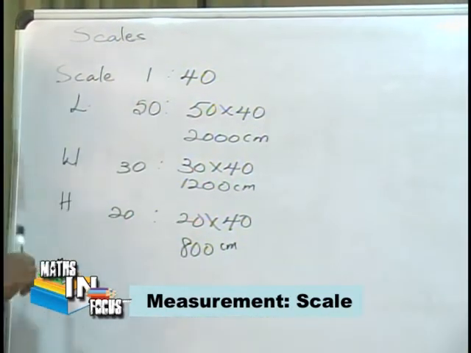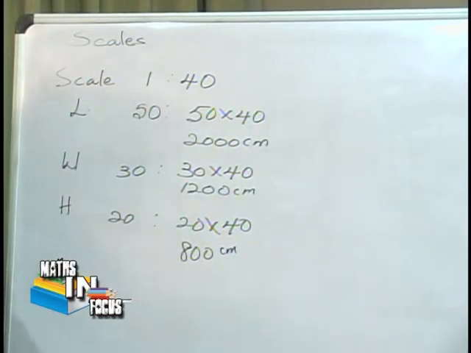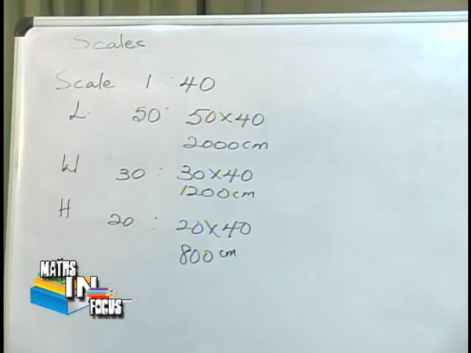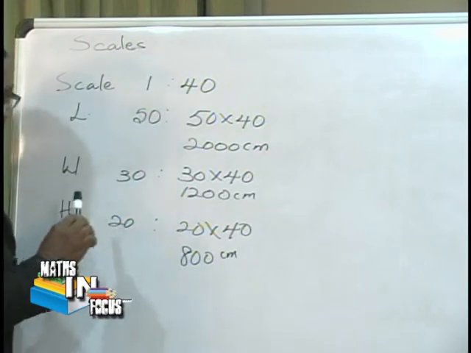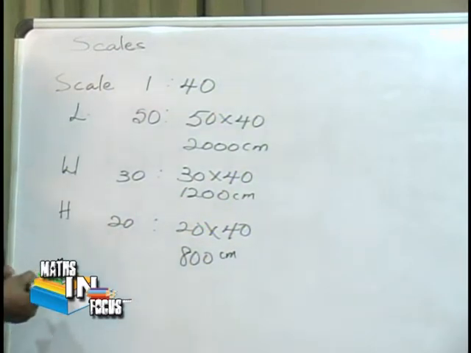Now if we're going to find the volume of the barn, that's how much it can take, if we should take the barn and flip it over and we want to fill it with water, so we want to know how much it can take. Good. Now if we're going to be multiplying 2000 by 1200 by 800, that's going to give us a very, very large figure. So we're going to take our answer in meters.